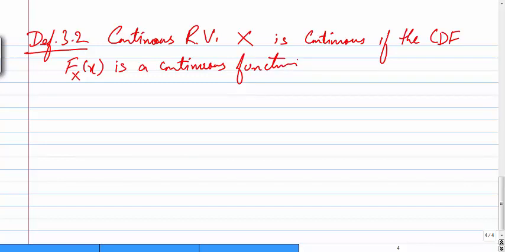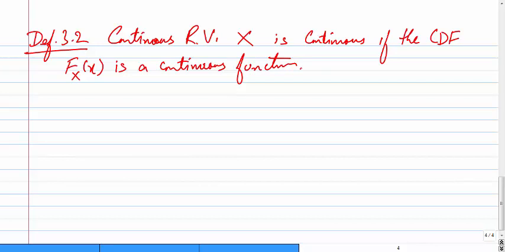Now the question is how you find whether this is a discrete or continuous random variable. What you have to do is look at the CDF. If the CDF is continuous, this means your random variable is a continuous random variable.